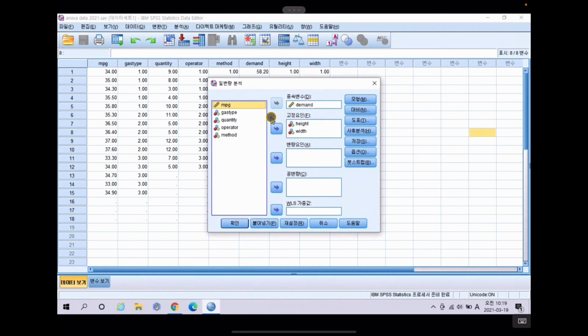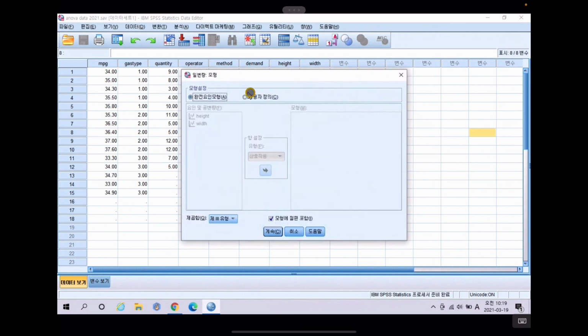And then you move the variables and factors to the right. Don't forget to specify the model here. For the two-way with the repeated measures, you use this complete model to get the interaction effect.